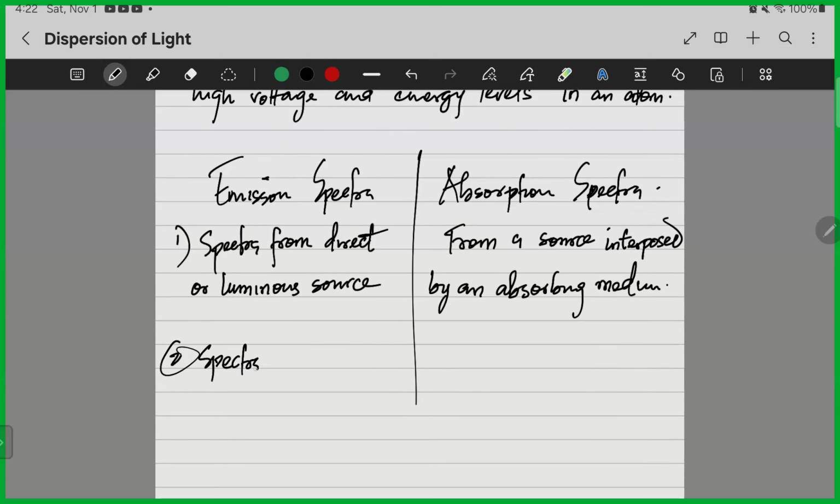The emission spectra is a spectra with emitted light or discharge and wavelength.